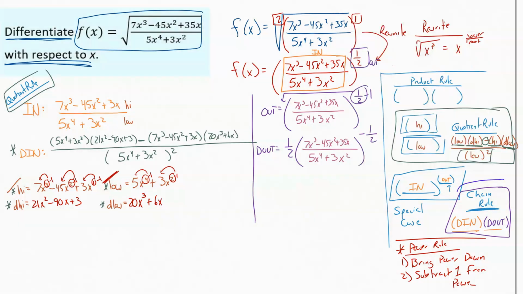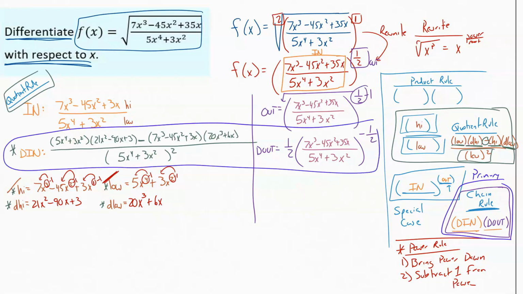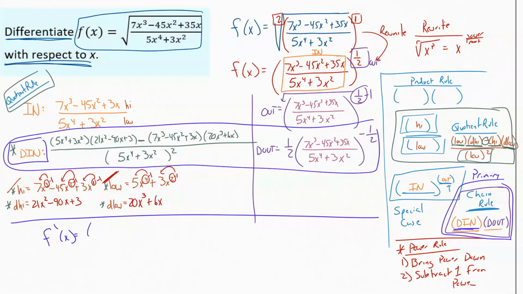That was what we needed to find our primary derivative, which was the chain rule. So we use our d in, we use our d out, and we give them the final answer for the derivative. So f prime of x is going to equal d in, the derivative of the inside, which is all that stuff right there.